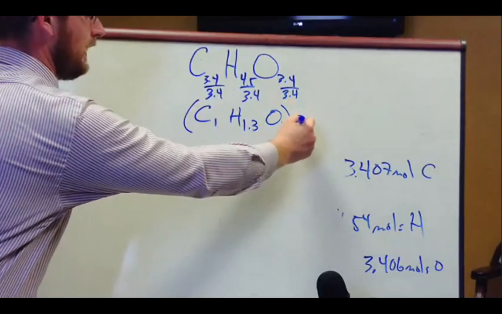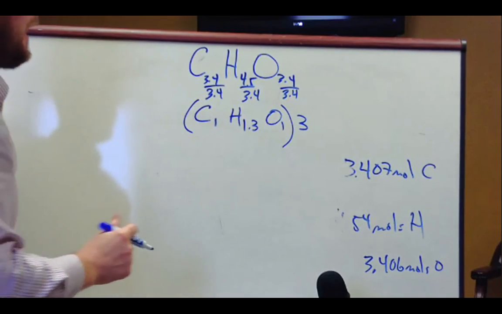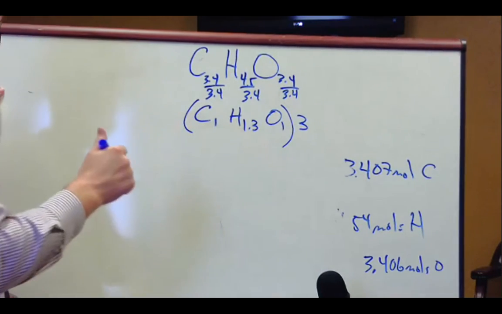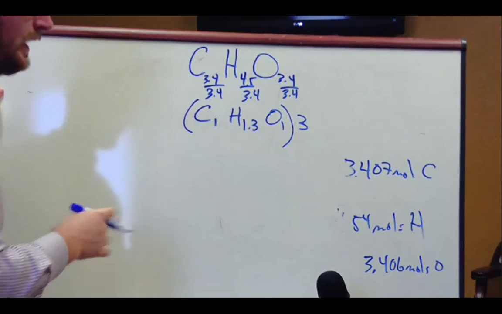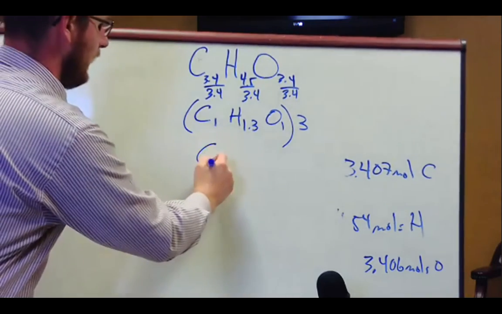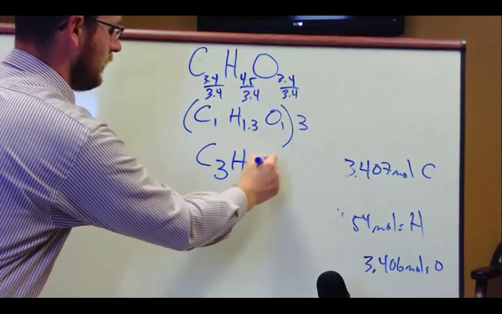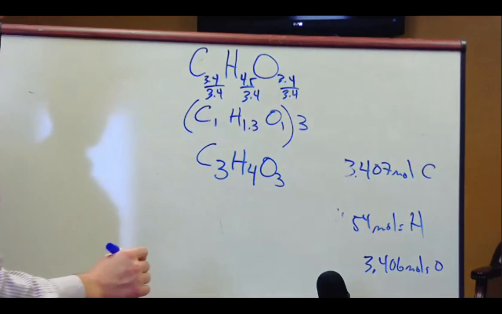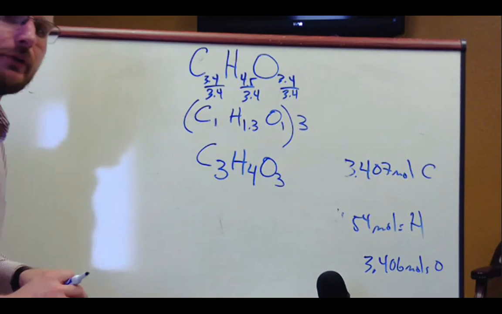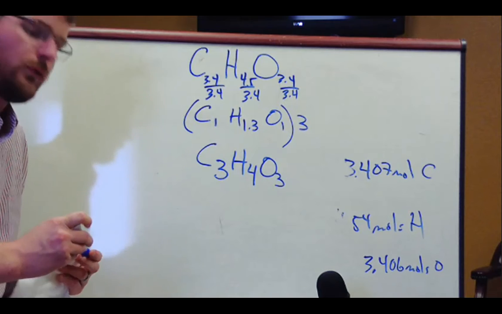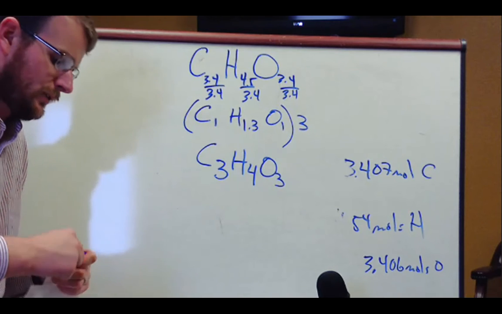What if we multiplied everything by 3? Obviously, I understand this will turn into like 3.999999. That's close enough to 4 in this case. So we have C3H4O3. That is the empirical formula for vitamin C, ascorbic acid.